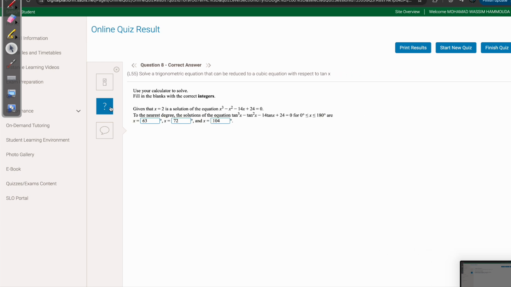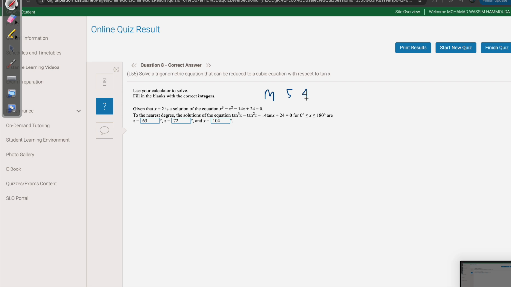Okay, so this is my hardest question in my opinion. Given that x is equal to 2 is a solution of the equation x cubed minus x squared minus 14x plus 24, now here what we can do to find all of the other solutions is use mode 5 4.